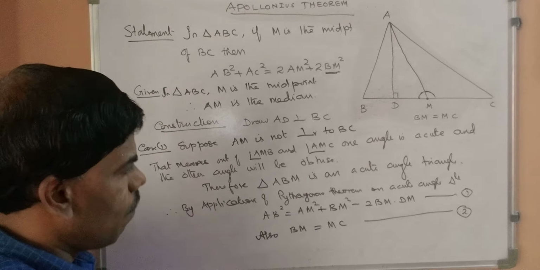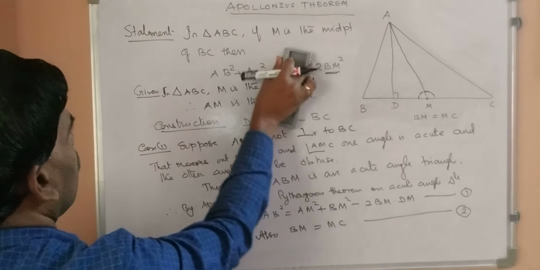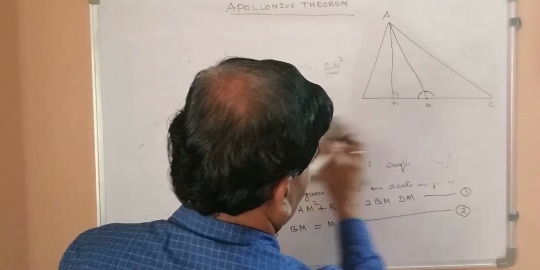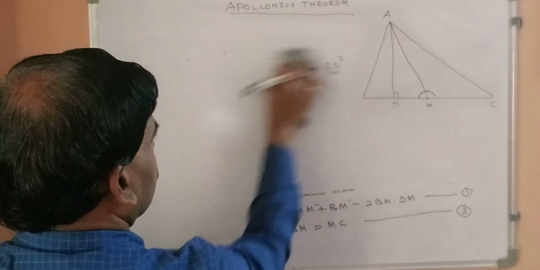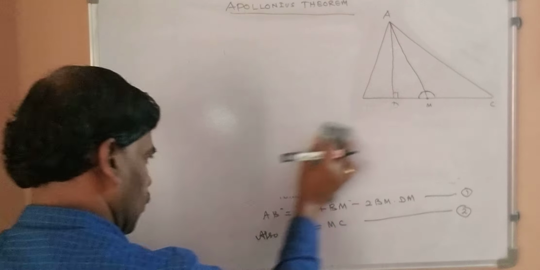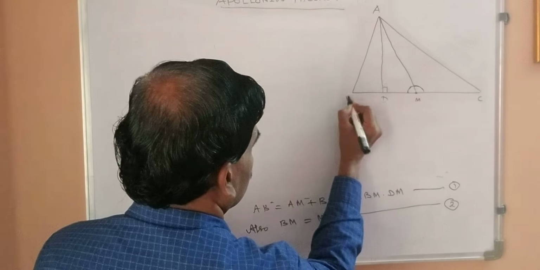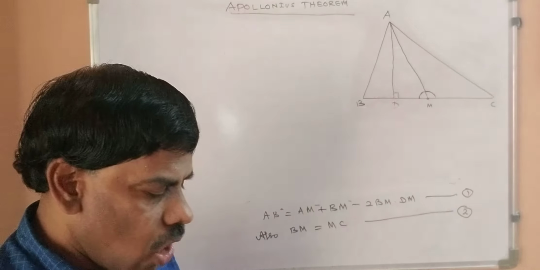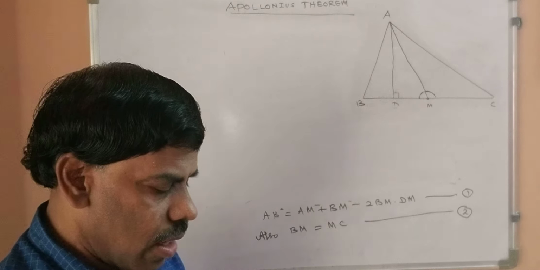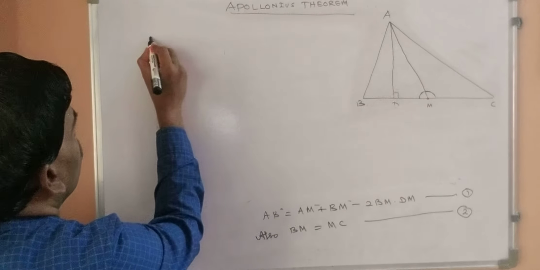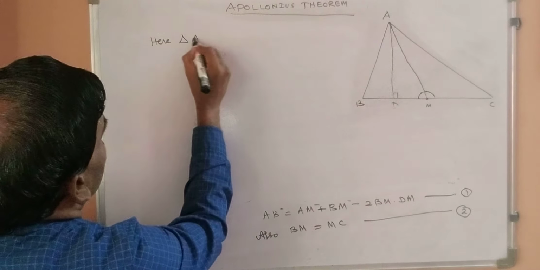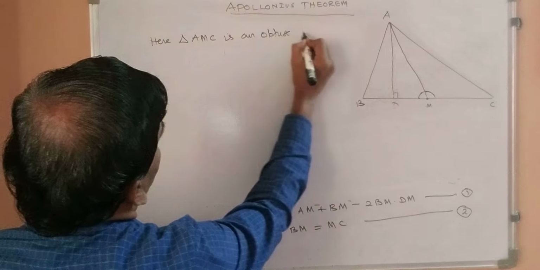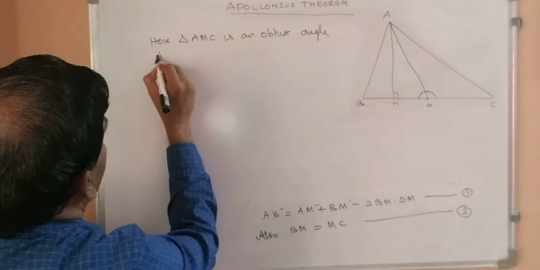Now look at the other angle. What about this triangle AMC? It is an obtuse angle triangle. Here, triangle AMC is an obtuse angle triangle.